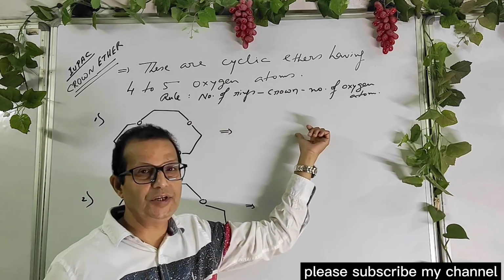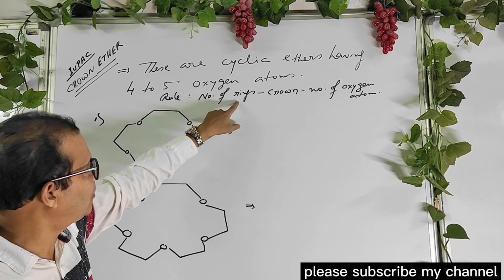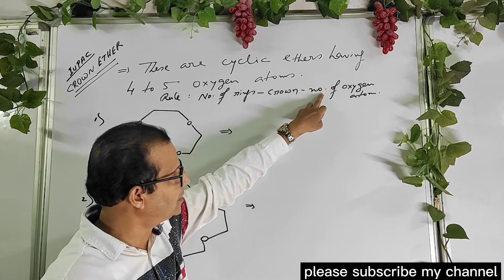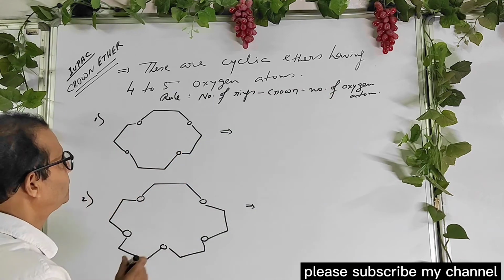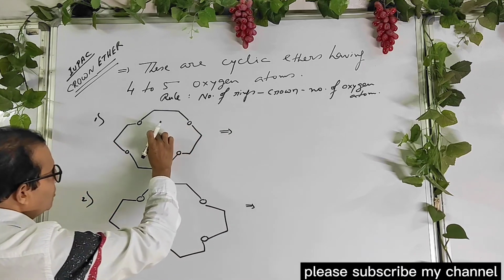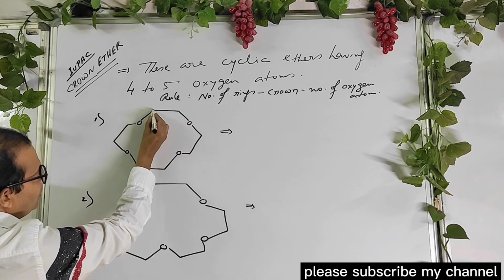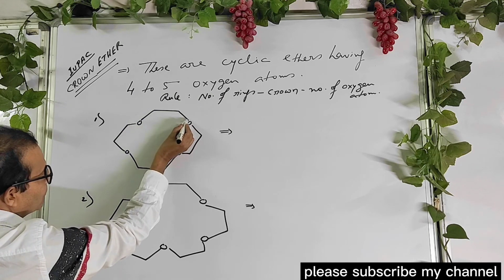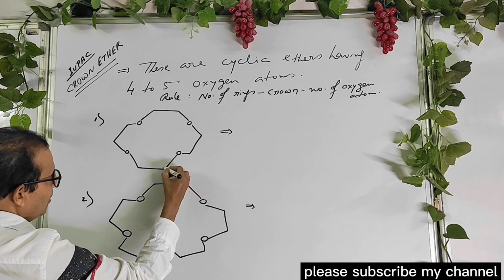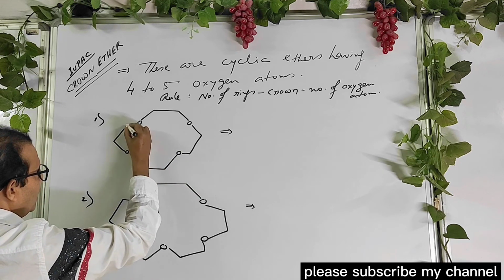How to write the IUPAC name of crown ether? First mention the number of rings, then write crown, then write number of oxygen atoms. So what is the IUPAC name of this compound? Now listen, the number of rings: 1, 2, 3, 4, 5, 6, 7, 8, 9, 10, 11, 12.